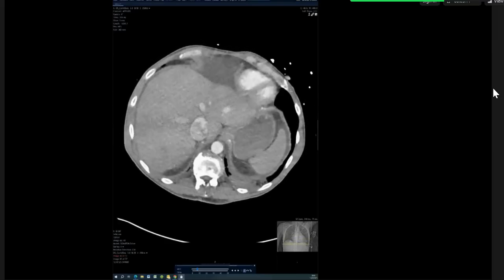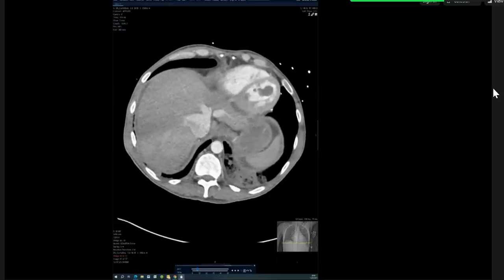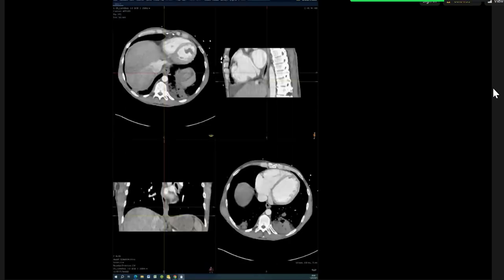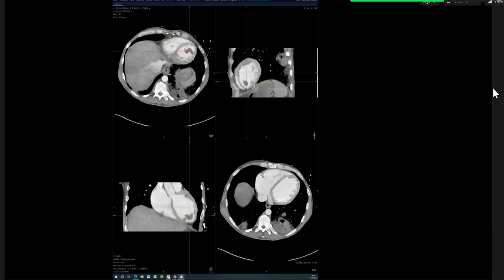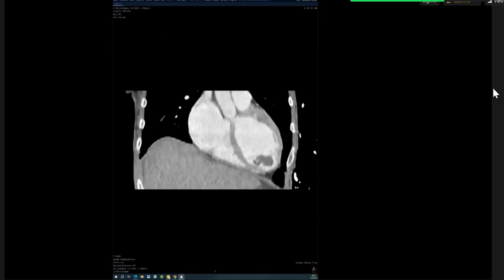And I think there is also a filling defect in the left ventricle, which I suspect is most likely a thrombus, just because this will be the most common etiology. Having said that, I would like to interrogate it and assess if there's any attachment to the adjacent muscles, which I cannot appreciate. So this is likely a thrombus in the left ventricle as well.